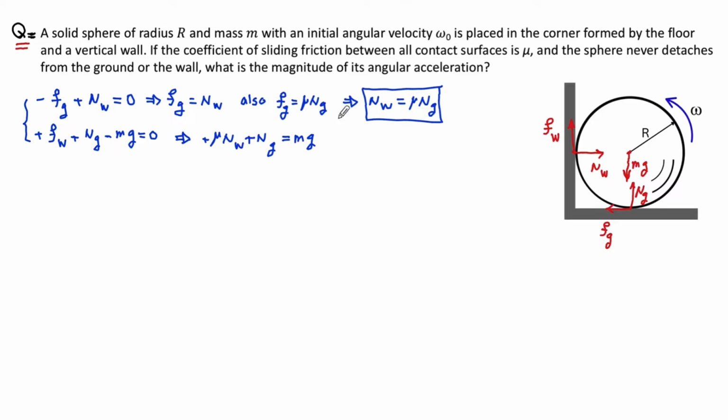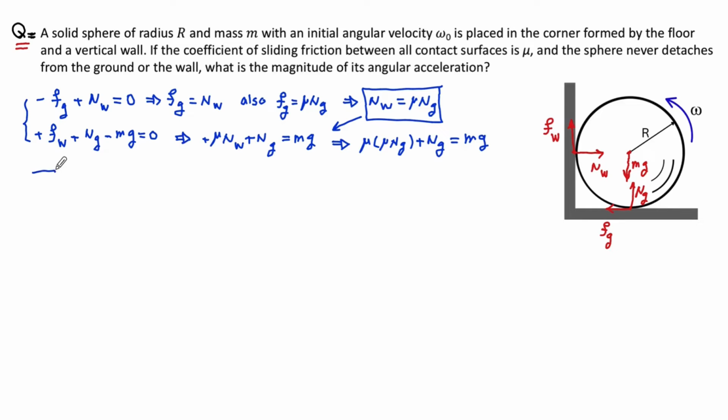But what is Nw? Nw, we found it here. Therefore, if we use this equation here, we get mu times mu Ng plus Ng equals mg.